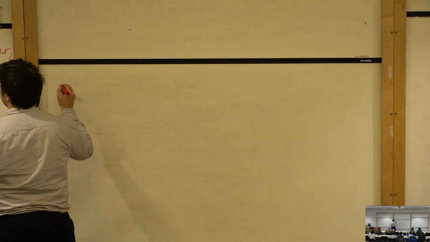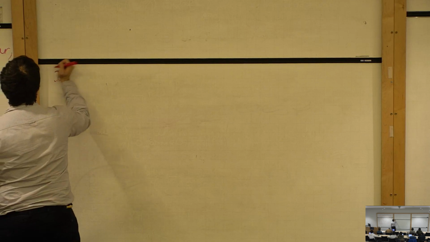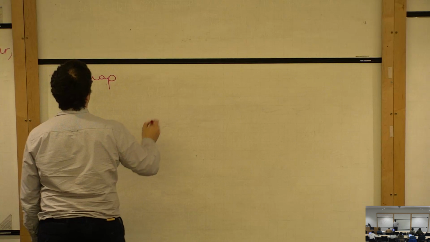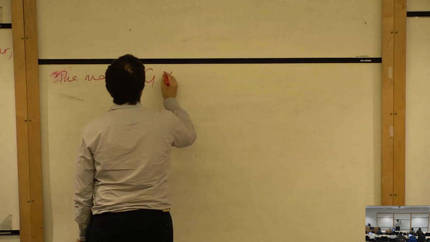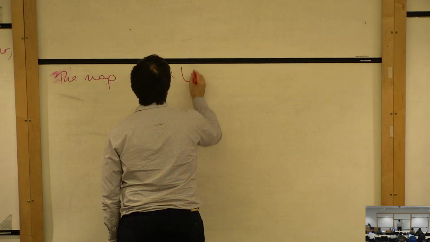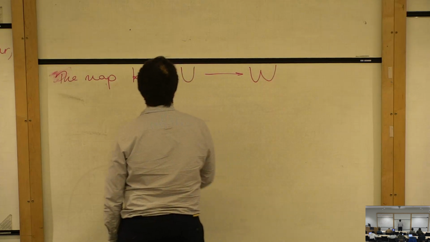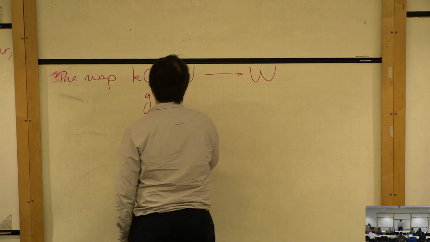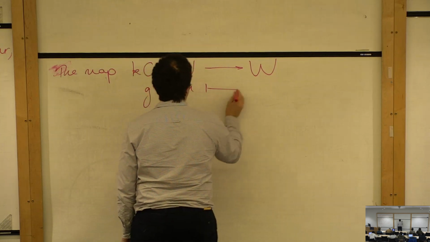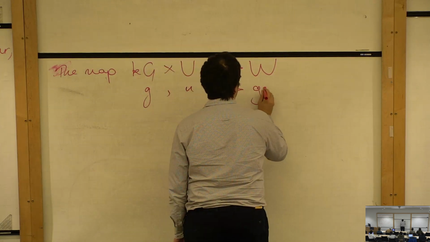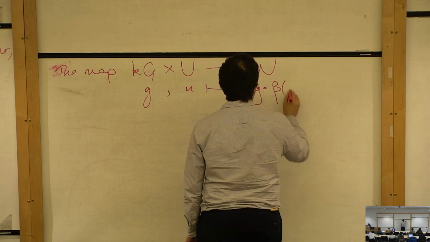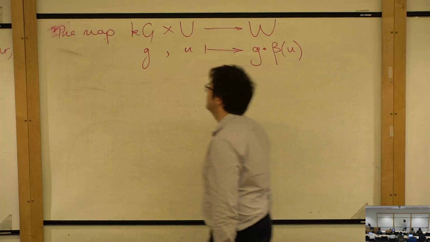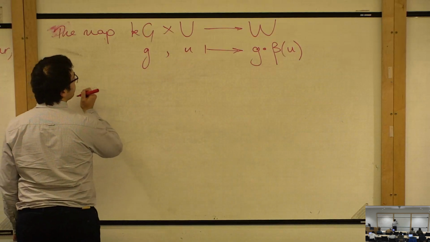So the map from G times U into W, which sends g tensor u to g dot beta of u, is bilinear.